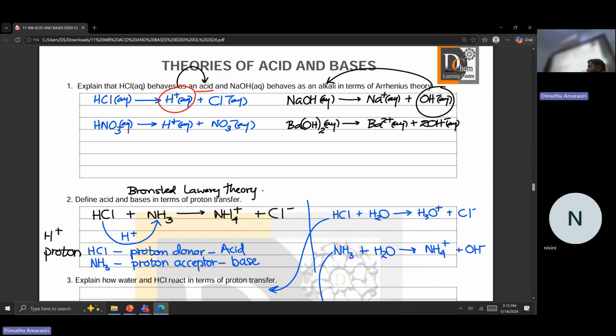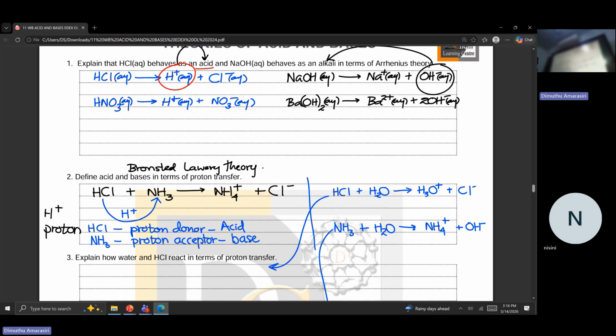And ammonia has accepted the proton from water. So ammonia is the base, water is the acid. That was the last thing we did. So according to this theory, some tricky things can be explained.